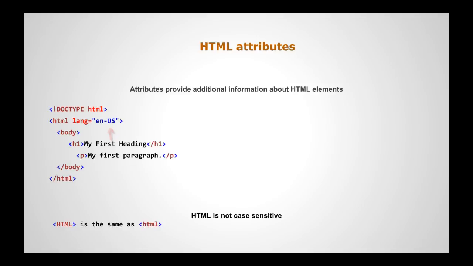Usually the attribute is followed by an equal sign, and the value of the attribute is inside these quotation marks. What we are saying here, basically, is that this page is written in the English language with the US dialect. This is in case there are more dialects, so we can use US or UK dialect, but since we are in the United States, we are using the English of the USA.